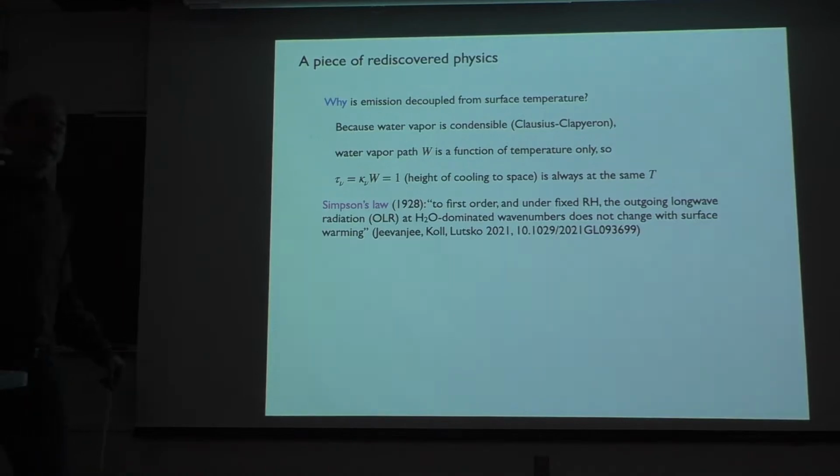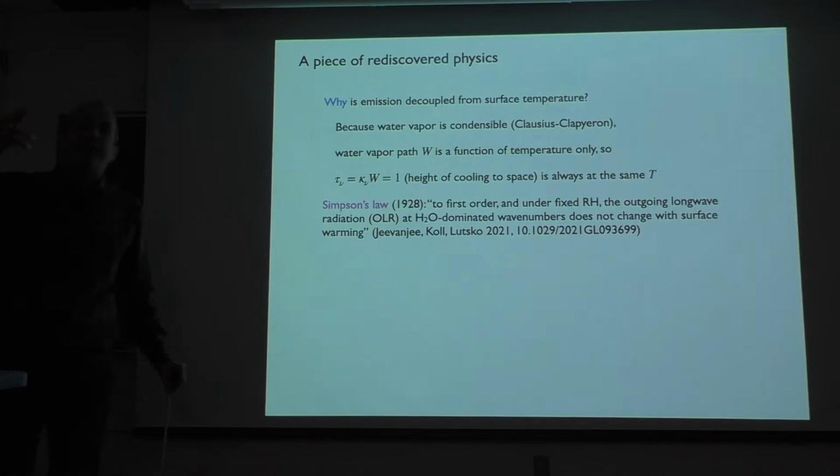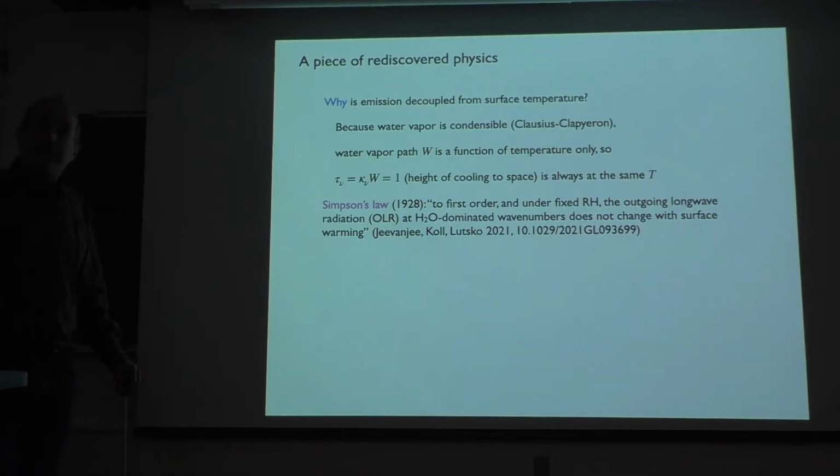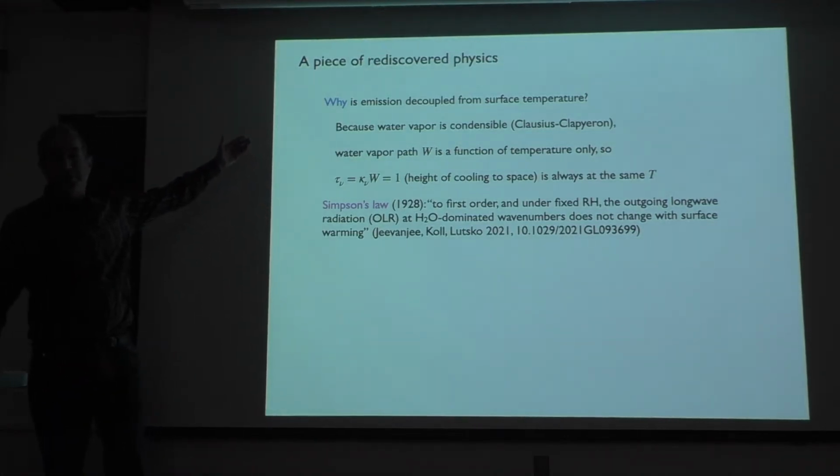So why is this emission decoupled from the surface temperature? Well, it turns out to be specific to water, which on our planet condenses, right? And the relationship that governs that is the Clausius-Clapeyron equation. But this would work on moons with methane oceans too.